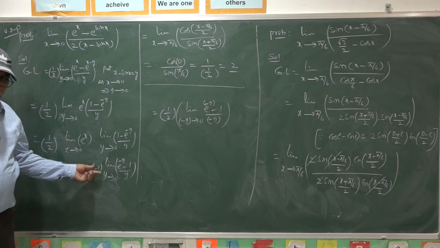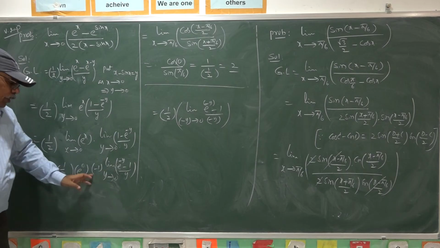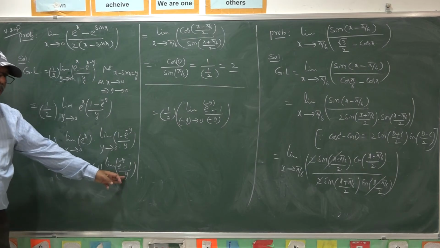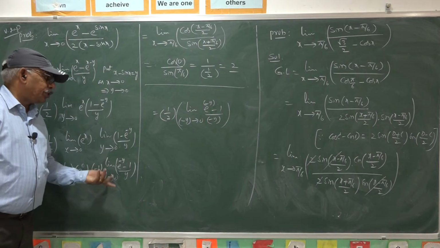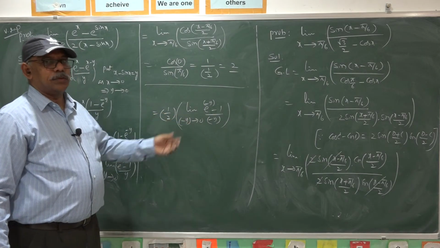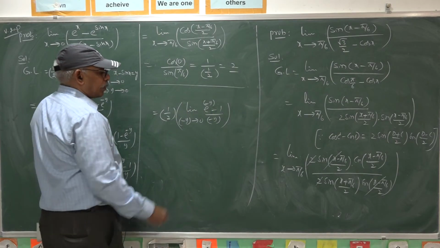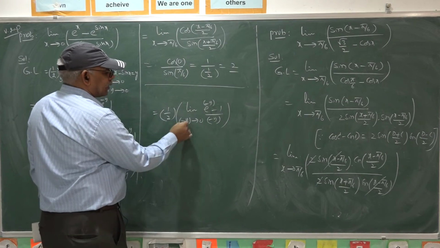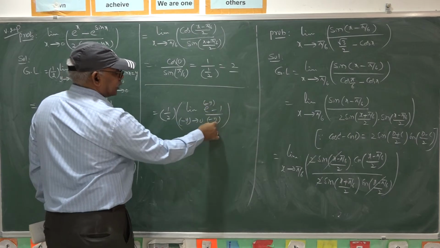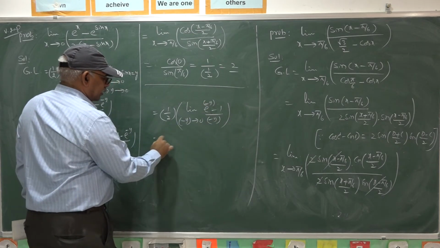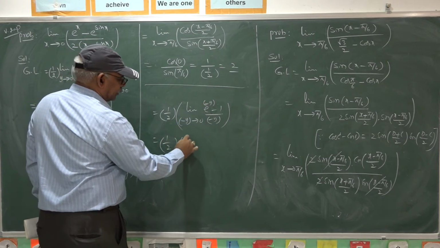Apply this minus 1 to the denominator, so that you can write it as minus y. And y goes to 0 also implies minus y goes to 0. The total limit reduces to the known formula: limit as z goes to 0, e power z minus 1 by z is 1. So hence this is 1.